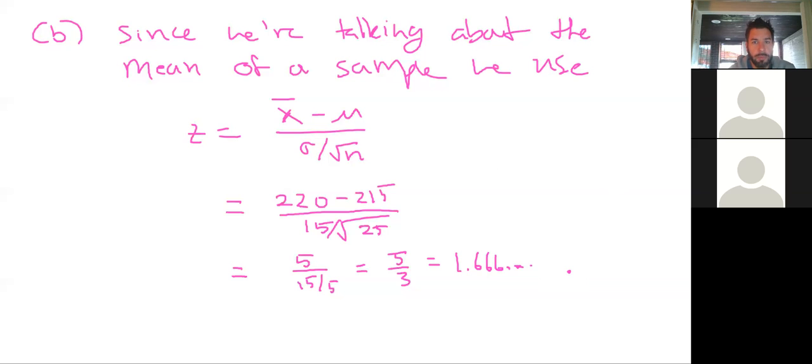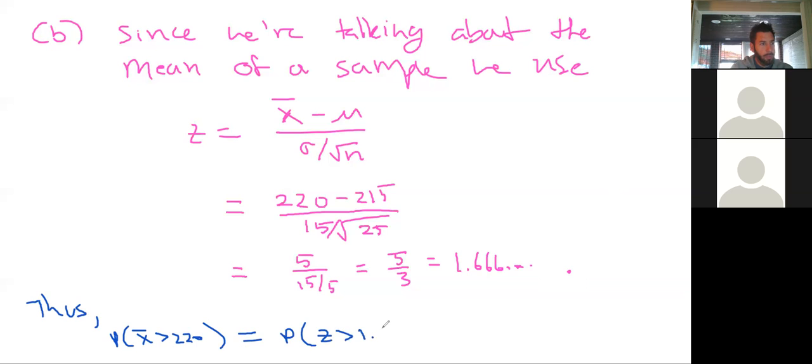So just like in the previous problem, we can make the following reasoning. The probability that the mean is greater than 220 is the same as the probability that z is greater than 1.667, whatever. And of course, you go to your calculator to compute this.